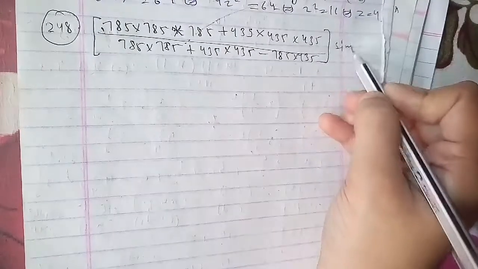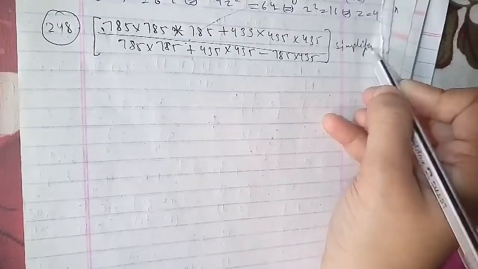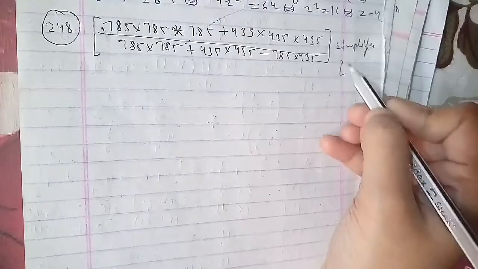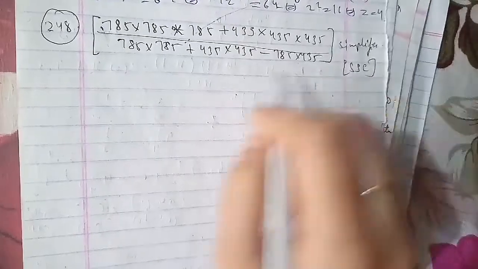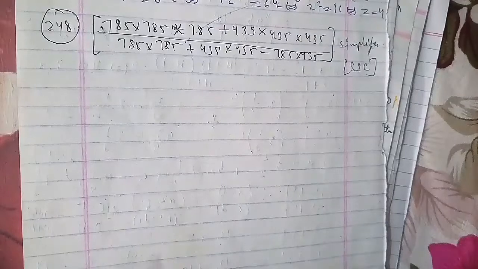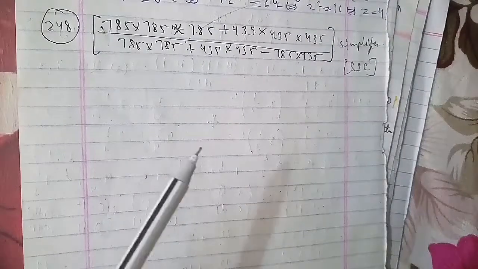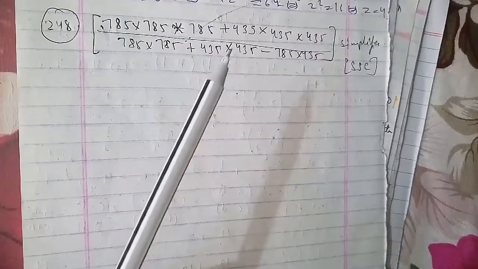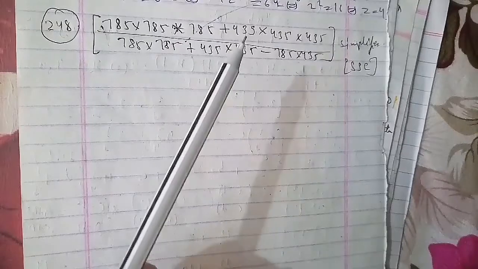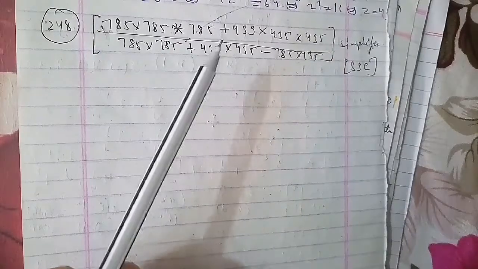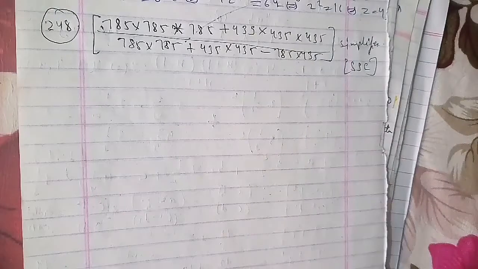This has been asked in your SSC examination paper, and it is also an important one. The options for this are 350, 785, 1220 and 1320. So we'll go ahead and find that out.